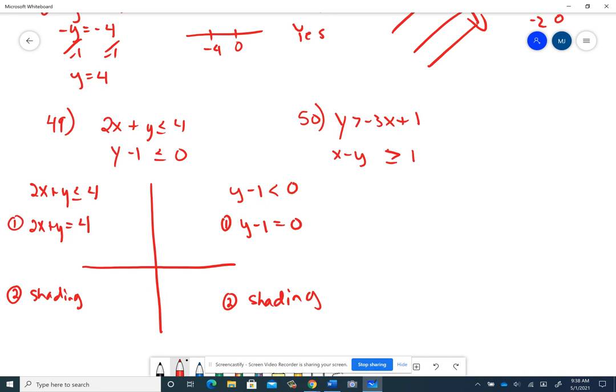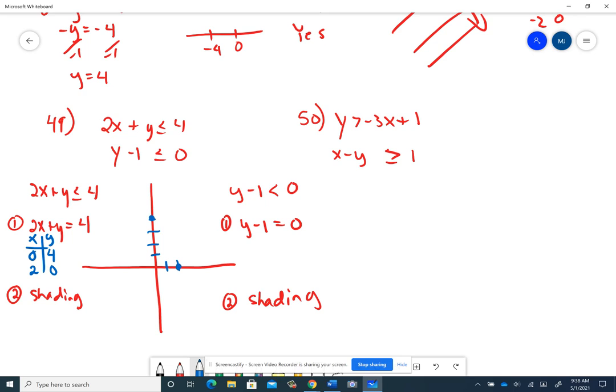Okay. All right, so look, the graphing of this, you just need to find some ordered pairs that work. So if I put a 0 in for x, y I can see would have to be 4, because 0 would knock that out, so the y would be 4. If I put a 2 in for x, y would have to be 0. So here's 0, 4. It's on the y-axis. Here's 2, 0.